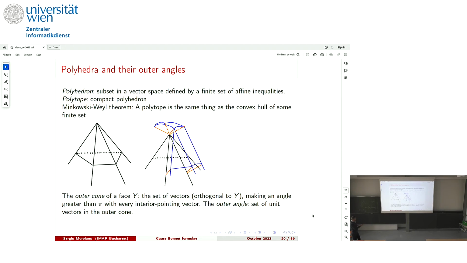Okay, so there is this object that you may have seen in Jean-Marc's talk. I think he drew something like that, this spherical sector. So you can do this for every face of every dimension or codimension. So when you have this triangle face, I have this blue triangle, which is all the unit vectors coming out of the face.